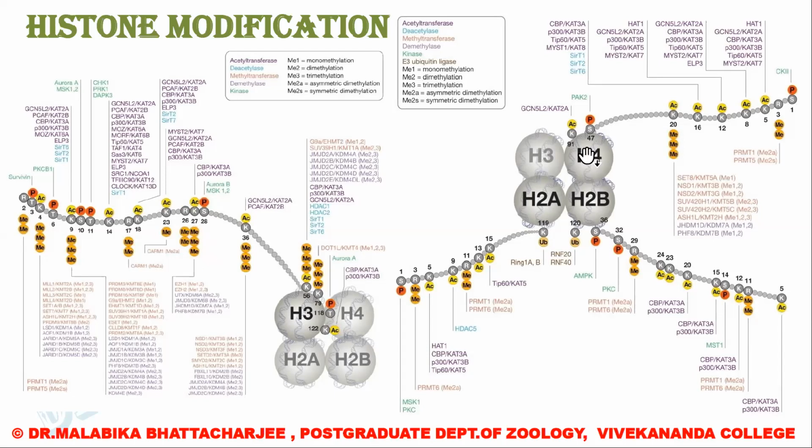Now you can see this is histone 4, histone 2A, histone 2B, and these are the tails of histone 4, histone 2A, 2B. And again, you can see various modifications that are observed. Given the picture, you can at least gauge how much modification can take place within the histone tails.